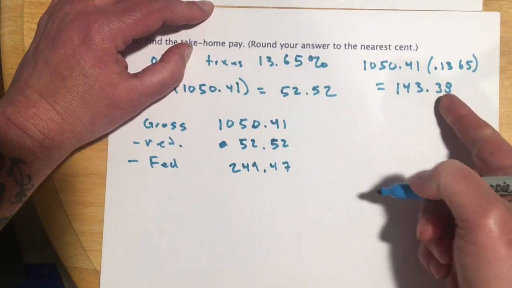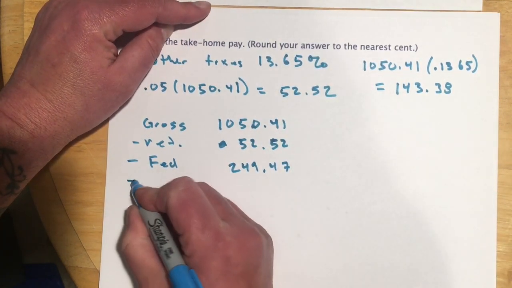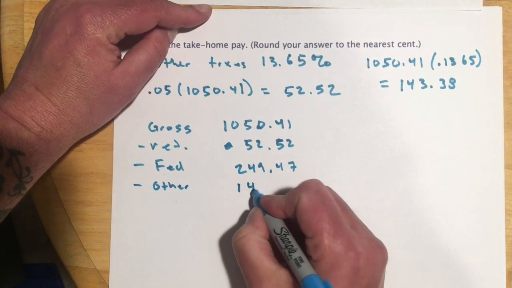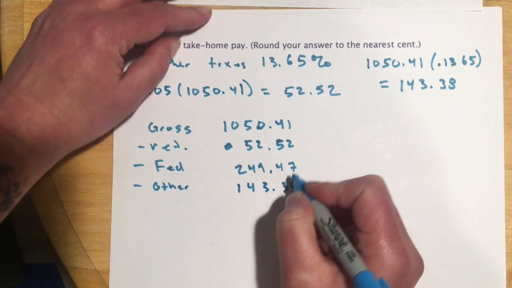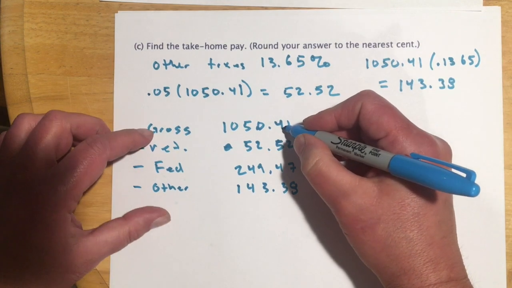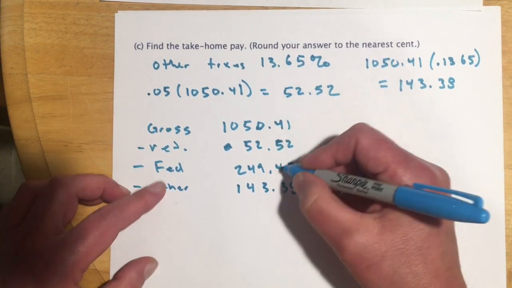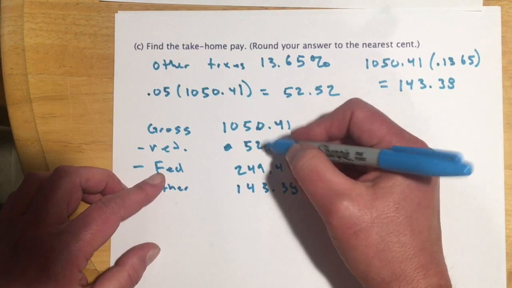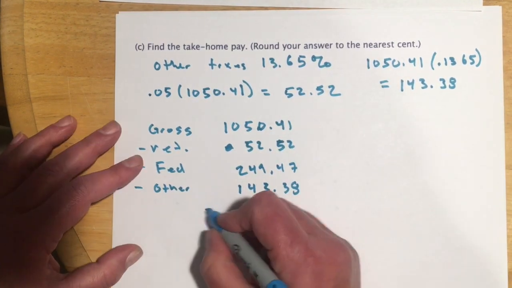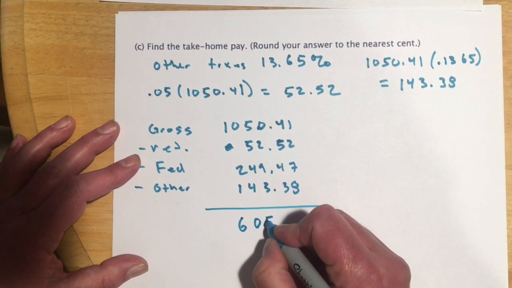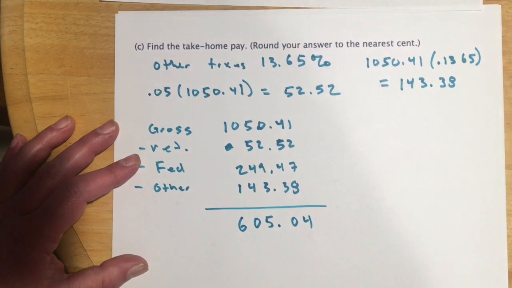And then the other taxes, which we found up there, which was 143.38. So that was how much money she made, and then retirement came off. The other taxes came out of the gross, and then the federal came out of the reduced gross income after retirement. And so if we take this and minus those three, she gets $605.04.